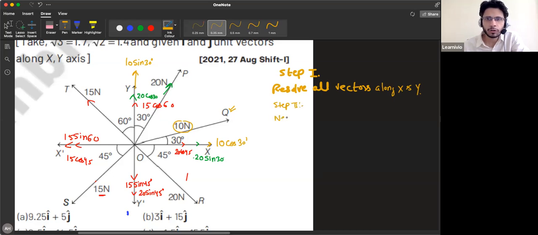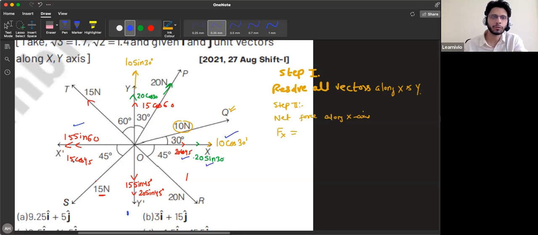Step 2. We need net force along x-axis. To get the value of net force along x-axis, just count the number of forces which are acting along x-axis. 1, 2, 3, 4, 5. So 5 components are acting along x-axis. Take one of the directions as positive. I'm taking positive x-axis as positive, so all these forces will be positive, and the rest of the forces will come with a negative sign.